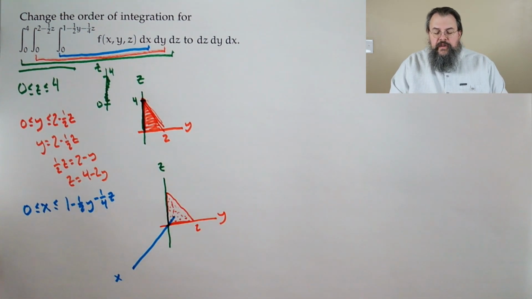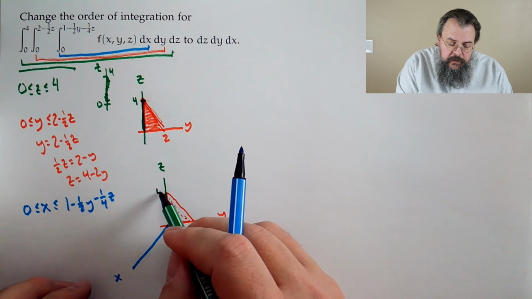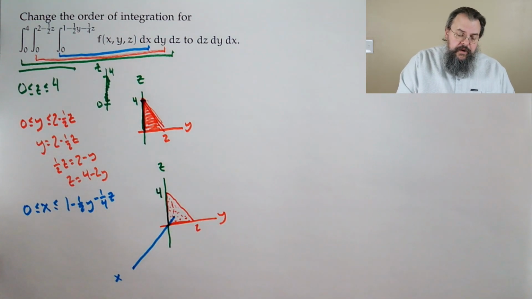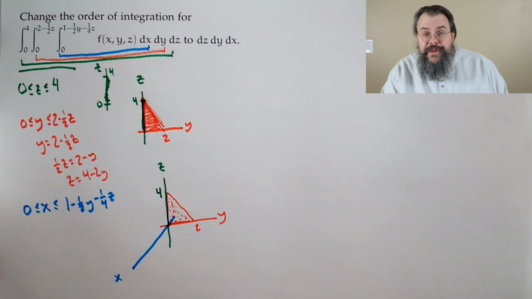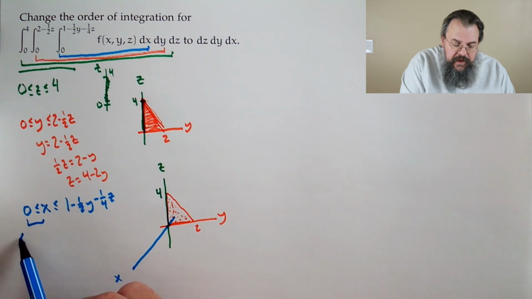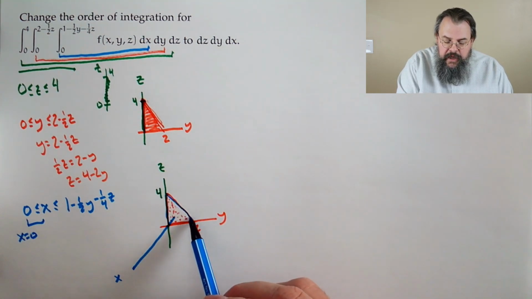And now we have to say, well, what's happening with our x? Well, we're going to go from one plane to another plane. Now, of course, in general, it's one surface to another surface, but what we see here is that we're going to have x equals 0. Well, x equals 0, that's this YZ plane.